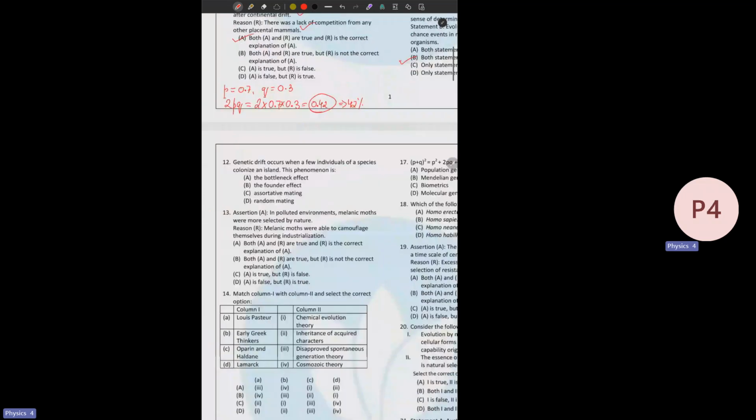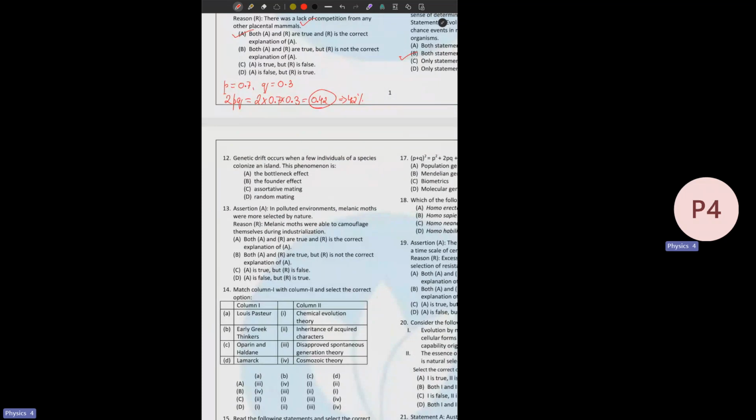Next question. Genetic drift occurs when a few individuals of a species colonize an island. See, it's telling that genetic drift occurs when a few individuals of a species move. It means that genetic drift acts on a small population.